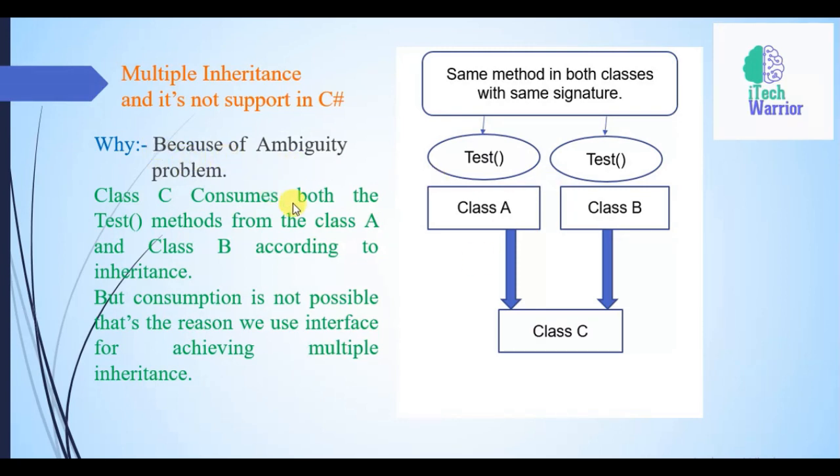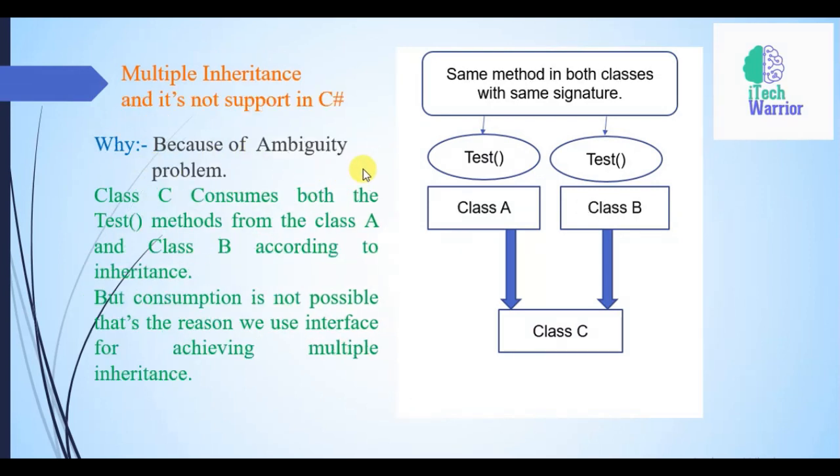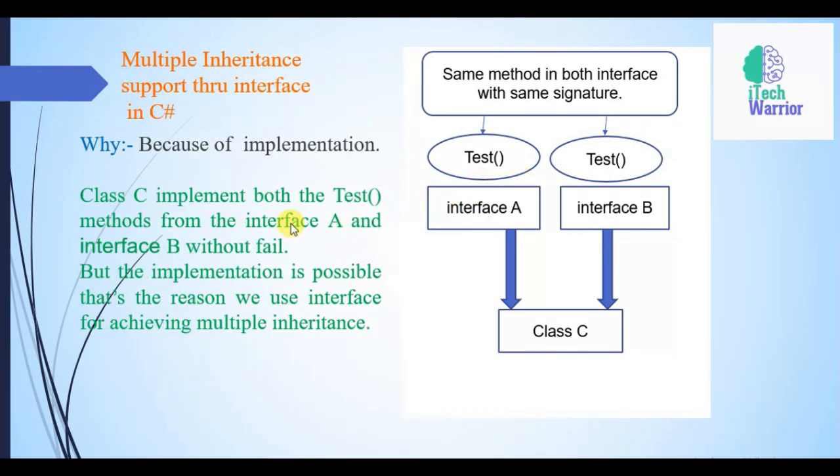So let's go to another example. Here we achieve multiple inheritance by interface. So multiple inheritance is supported through interface in C#. Why? Because of implementation. Here we consume both members, and here we implement both members in the child class.